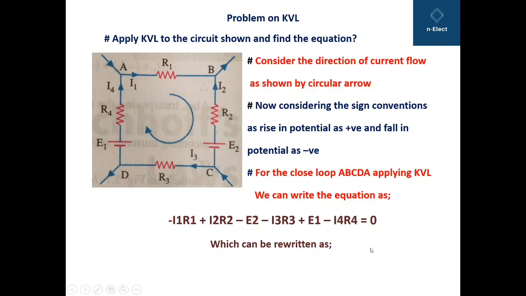Multiplying by minus throughout, you get I1 R1 minus I2 R2 plus I3 R3 plus I4 R4 equal to, transferring the E2 and E1 terms to the right-hand side, E1 minus E2.